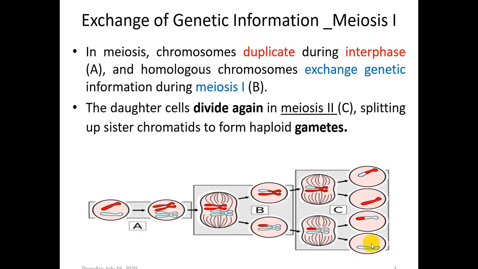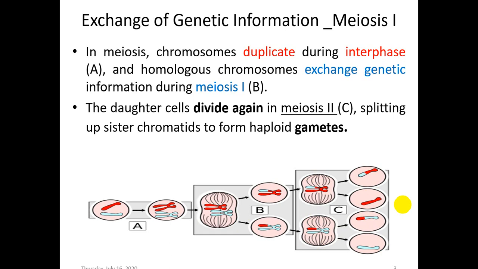What can you observe? This one stays normal, like the grandfather cell, and this one is normal, while here is abnormal, and here is abnormal. So not all 4 chromatids here will be affected, only 2. 2 stay normal and 2 recombined.